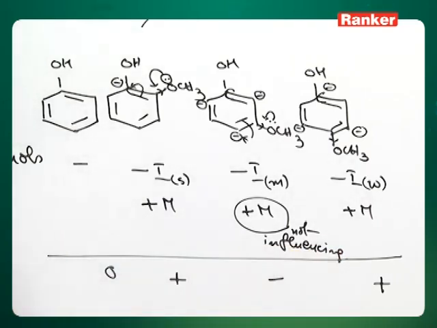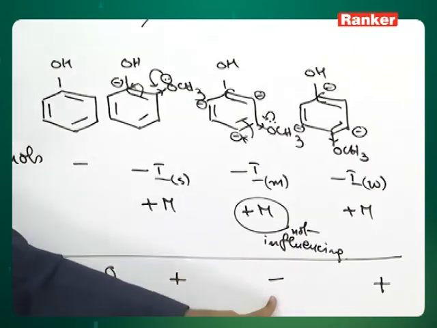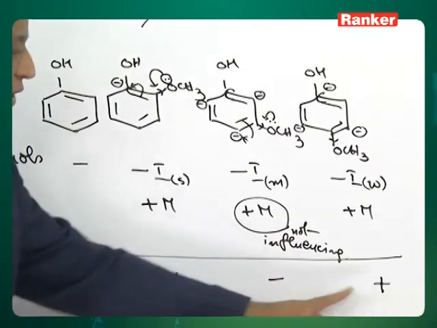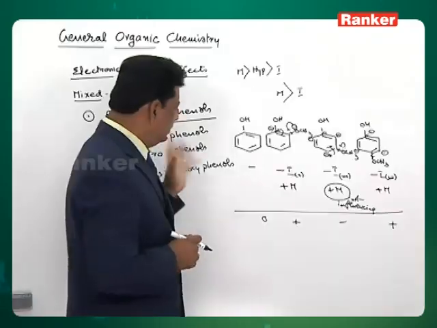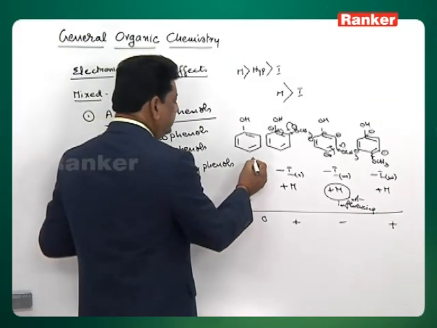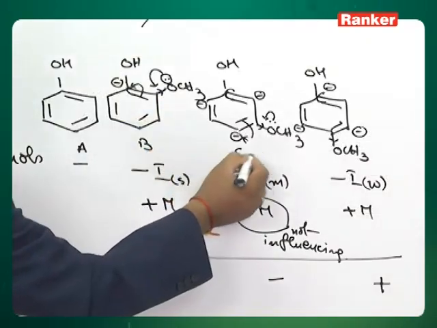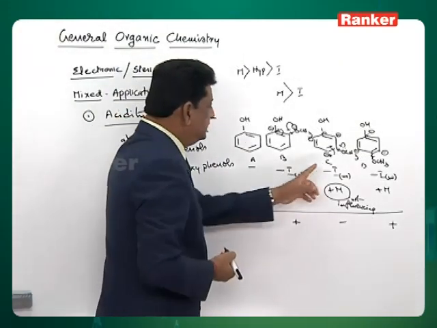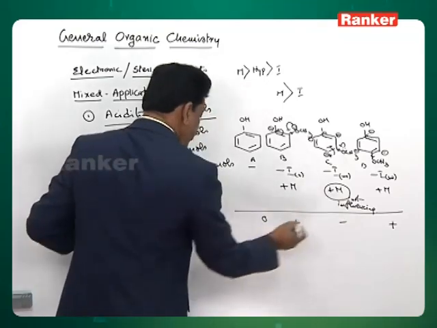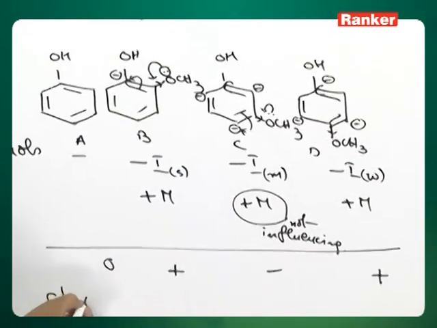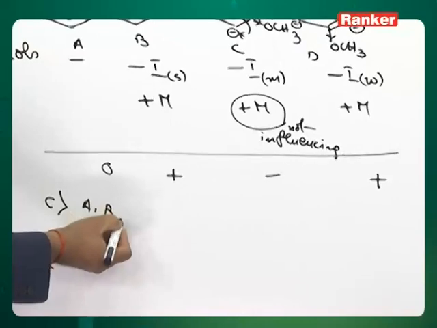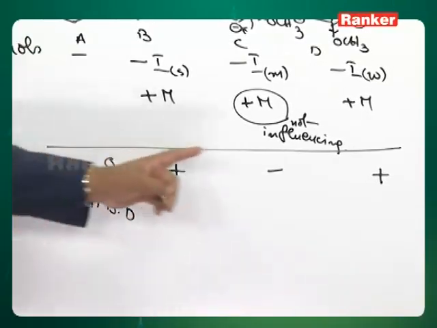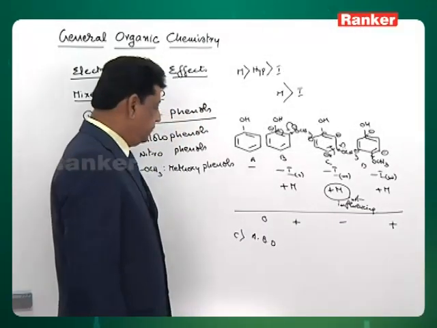Now, you discuss an ordinary phenol, a phenol with a withdrawing group, and two phenols with a donating group. If I label them A, B, C, D, then C will be the strongest, because a minus group is there. C is stronger than A, B and D, because C has a minus group, isn't it?